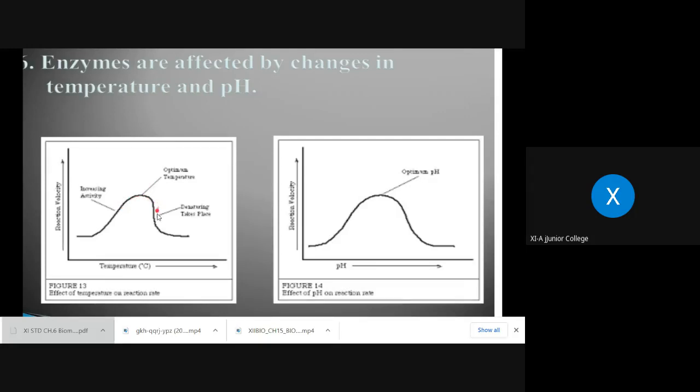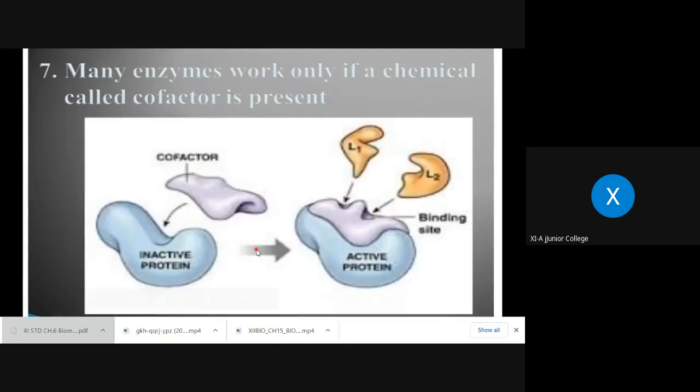When it again goes down, the rate goes down. Okay. In the same way, in case of pH also, the rate of the reaction, that means enzyme activity, is maximum at optimum pH. Enzyme activity is maximum at optimum pH as well as optimum temperature. So this you need to remember.